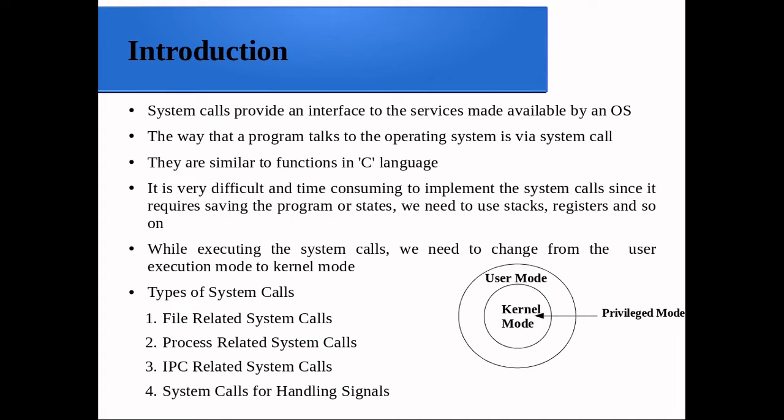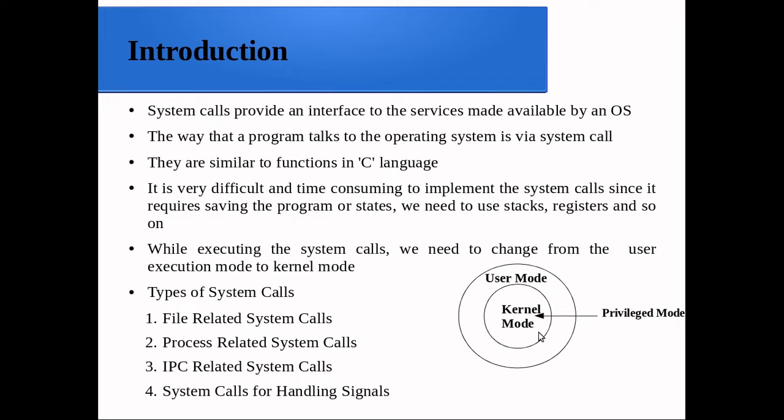When it makes that call, the program switches from user mode to kernel mode, and this is called context switching. The call that the program makes in order to access those resources, or to go into kernel mode, is known as a system call.